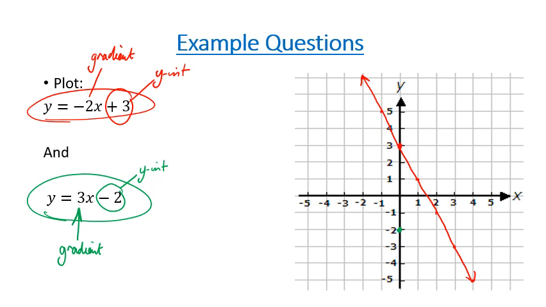So this time I'm going to go up 3 and across 1, up 3 and across 1, up 3 and across 1. Or if I go to the left 1, I've got to go down 3, and we can see there's our straight line graph of y equals 3x minus 2.